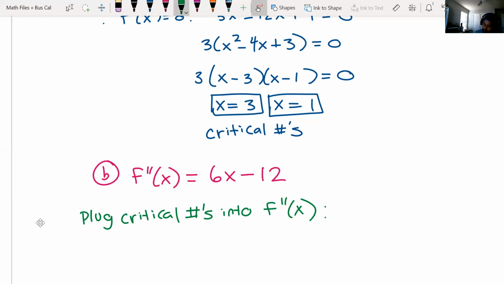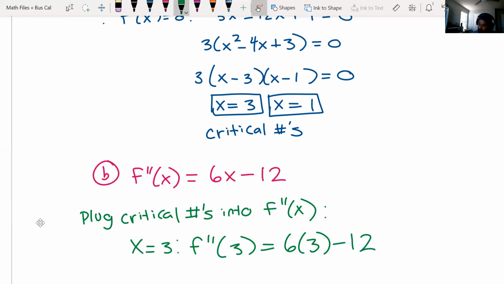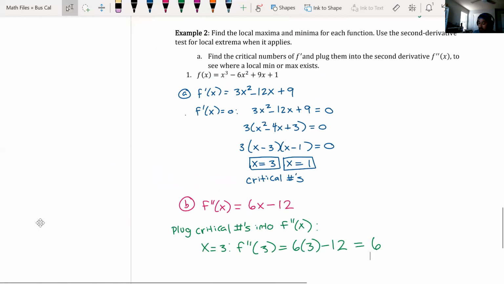First up is x equals 3. You get f double prime of 3, which is 6 times 3 minus 12, which is 18 minus 12, which gives us 6. Once again, we don't care about the number, we only care about the sign.